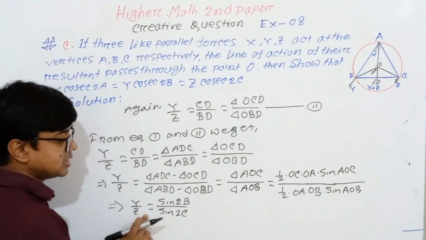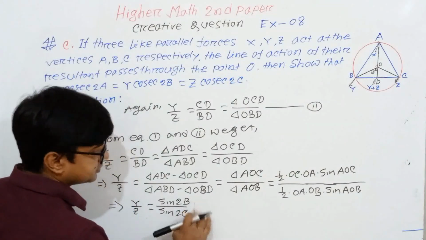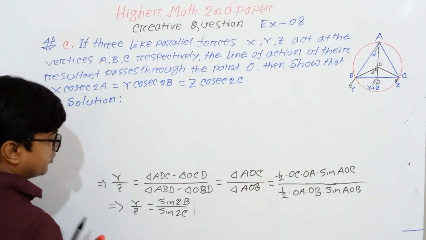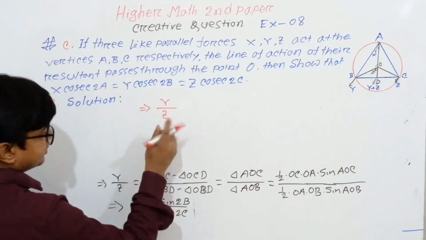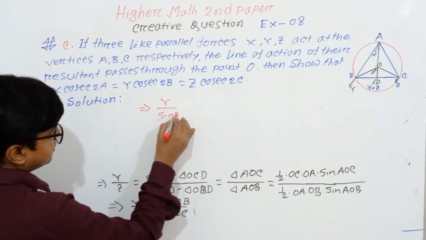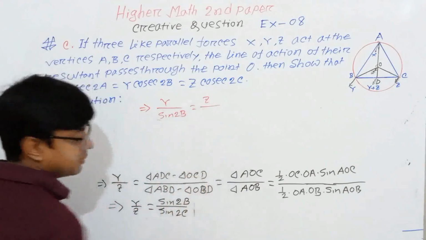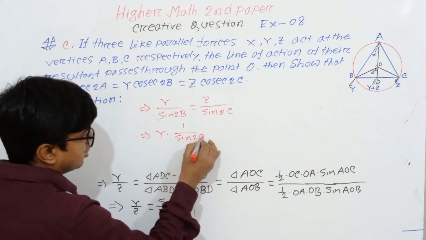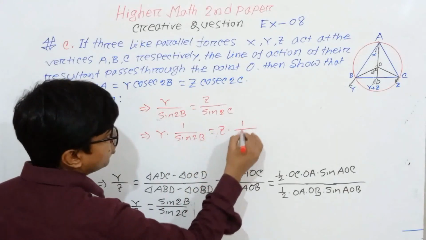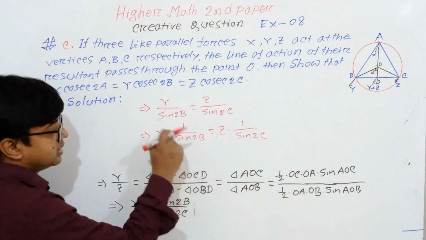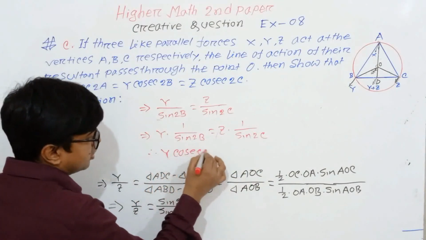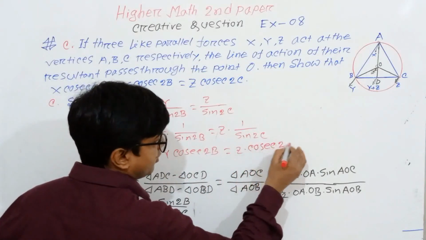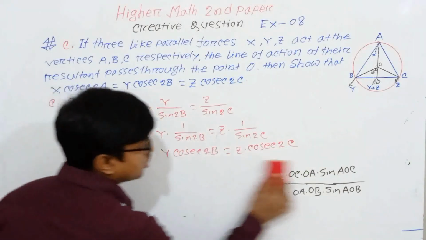That's why we can write Y by Z equals to sine 2B by sine 2C, and after this line we can write Y by sine 2B equals to Z by sine 2C, and here Y into 1 by sine 2B equals to Z into 1 by sine 2C, and 1 by sine 2B is cosec 2B, and Z into 1 by sine 2C must be cosec 2C.